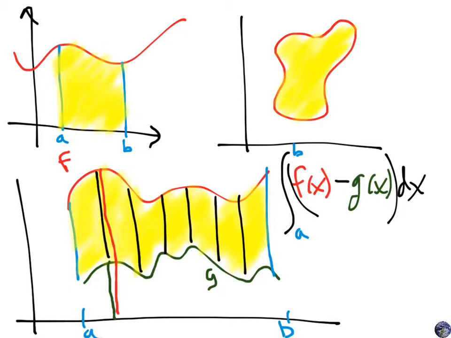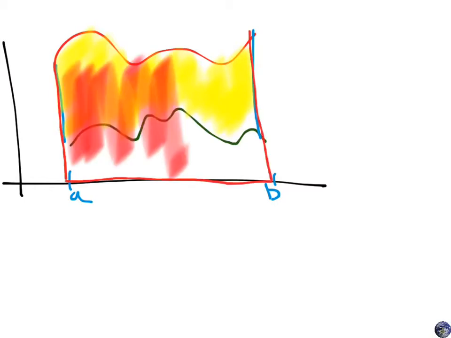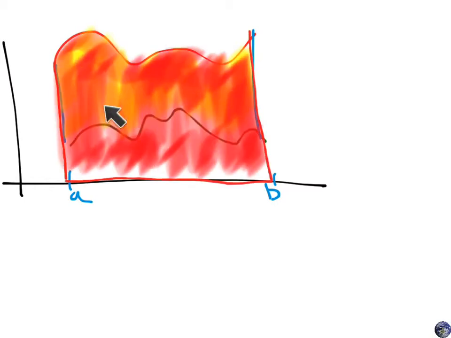But there's also another way to think about it, and it really amounts to the same thing, just conceptually a little bit different. If we want to find the area here, let's take the old-fashioned way we were doing: we ignore the green g of x on the bottom, just look at the red f of x on the top, and look at its area the normal way, going all the way to the x-axis.